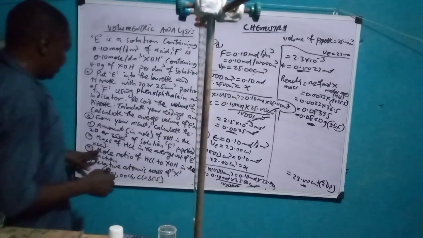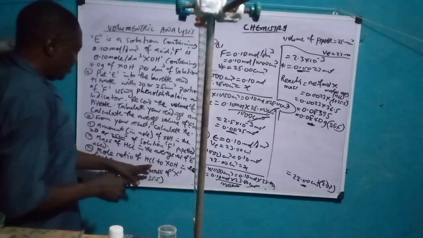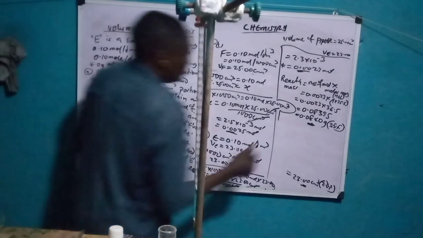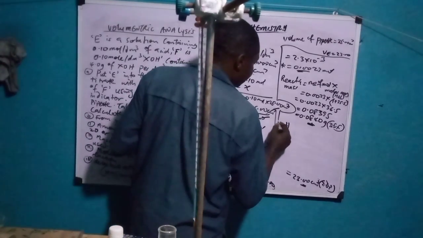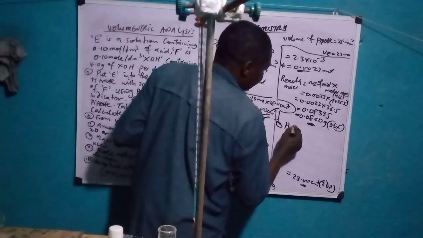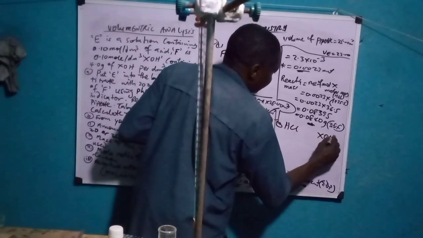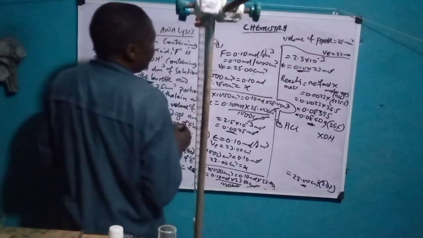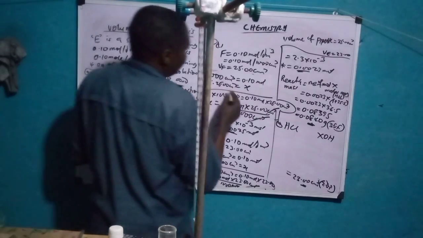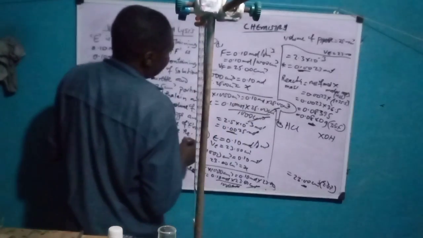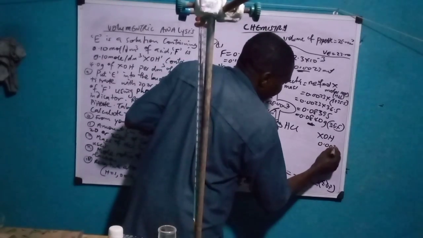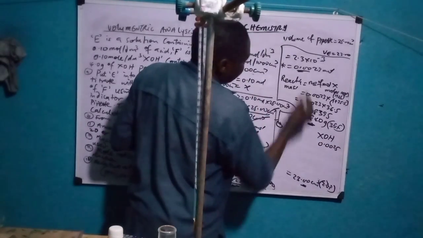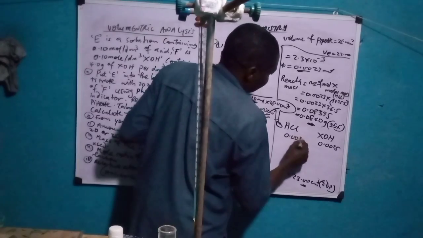Then the other one is the mole ratio of acid, HCl, to SOH. That's question 3. For F, the SOH, you have 0.0025, and HCl 0.0023.